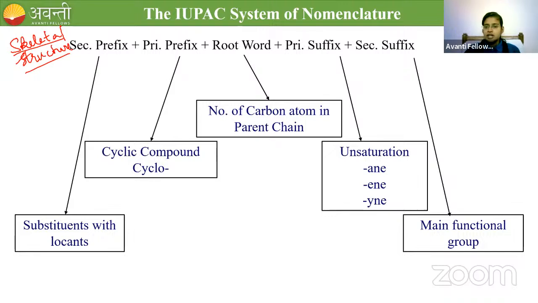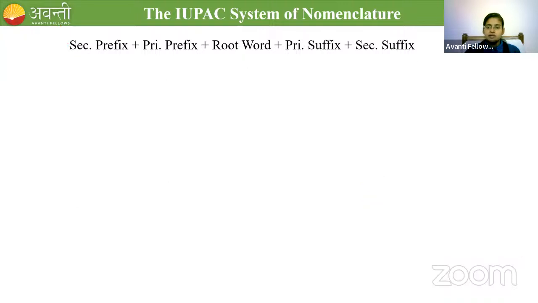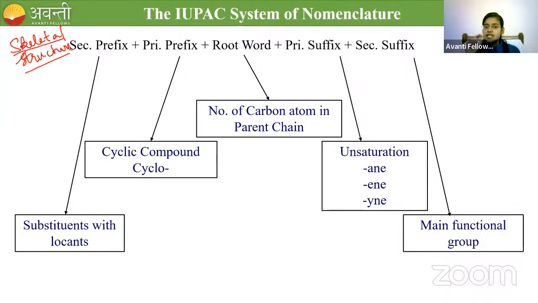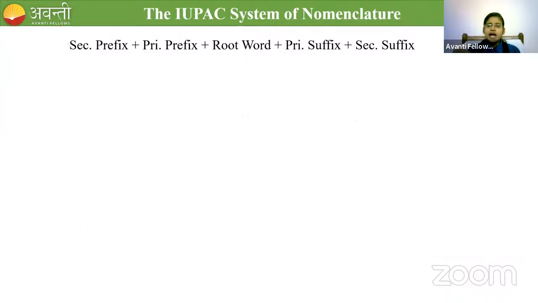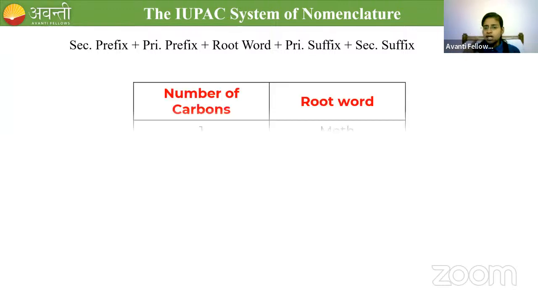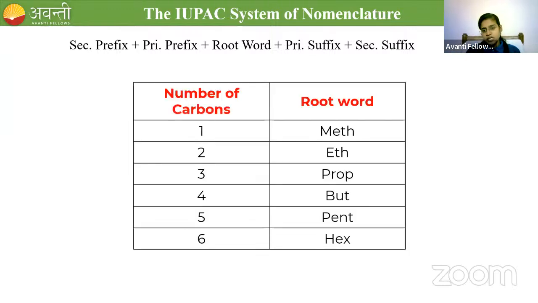Shall we go for the next slide? Okay, that's great. Now let me talk about the root word in detail. What is the root word? It is the number of carbon atoms in the parent chain. If the parent chain has only 1 carbon, then the root word is meth. If the parent chain has 2 carbons, then the root word is eth.